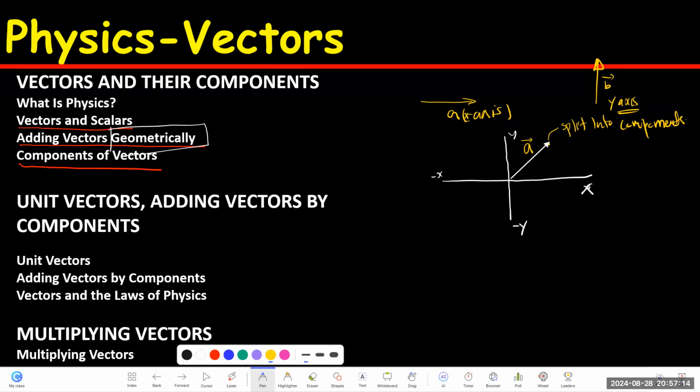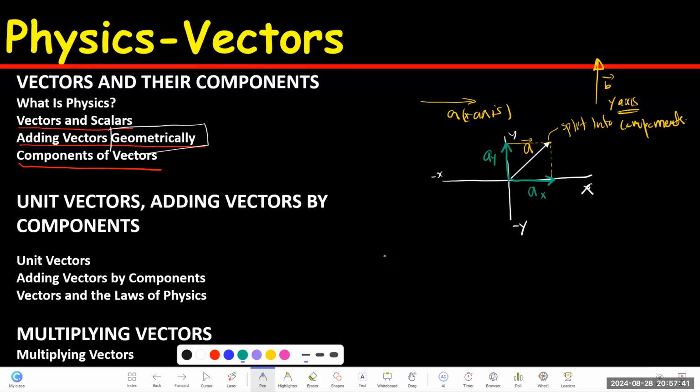What does that mean? It means A has to be split. So I'm going to take this vector, go to the head, which is the corner, and drop one perpendicular. I'm going to also drop a perpendicular here. And then I'm going to draw two vectors. One is this component, the green one, and another component on the other side of the green. So really the white vector A has to be split into two, called Ax and Ay.